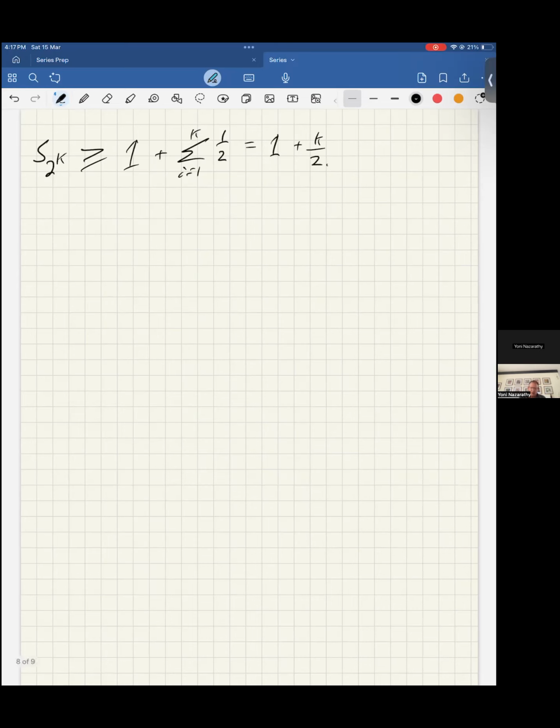So the subsequence of partial sums with indices 2 to the power k is unbounded, because for any bound that you give me, I can always reach that lower bound.